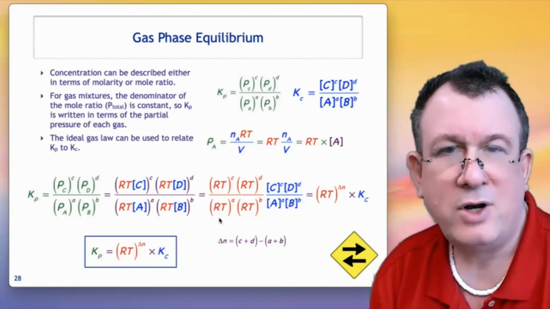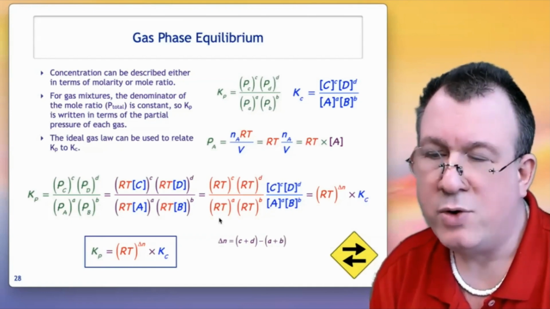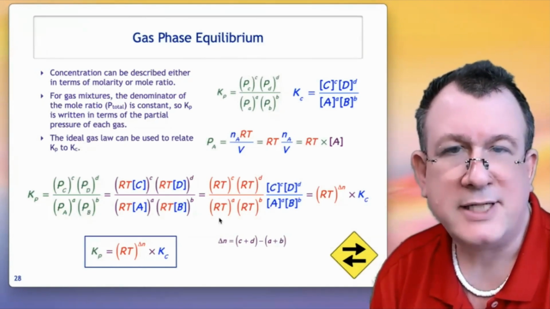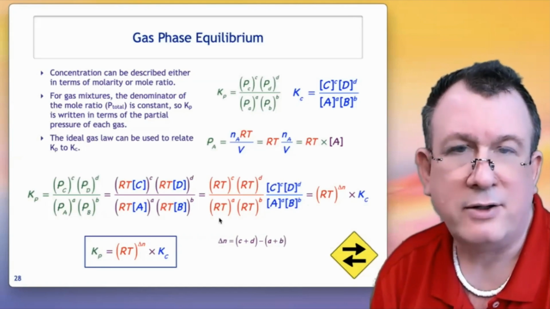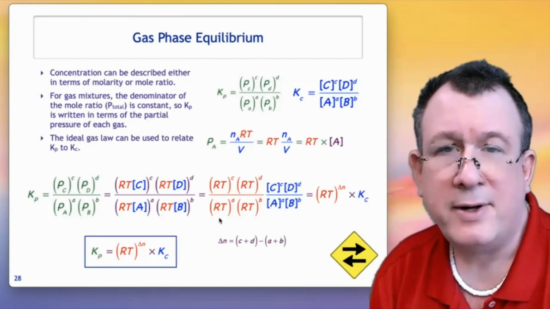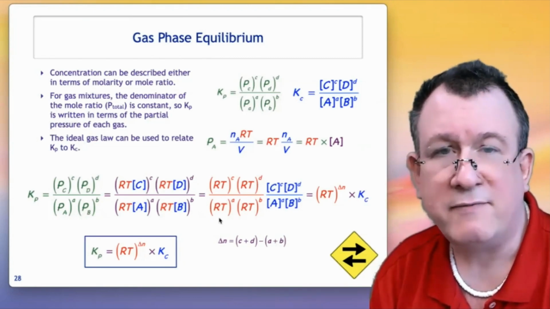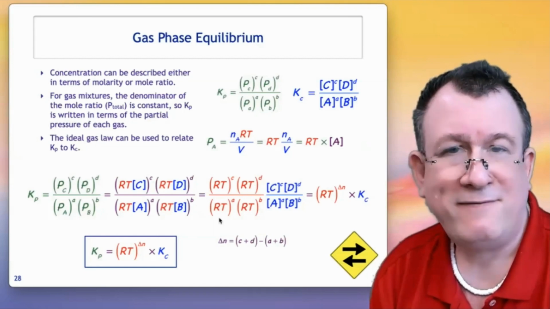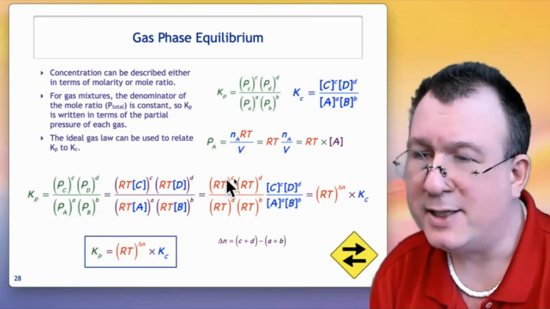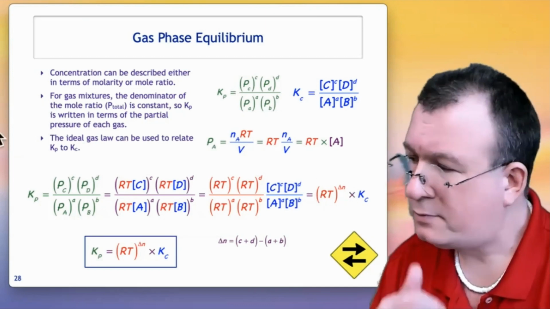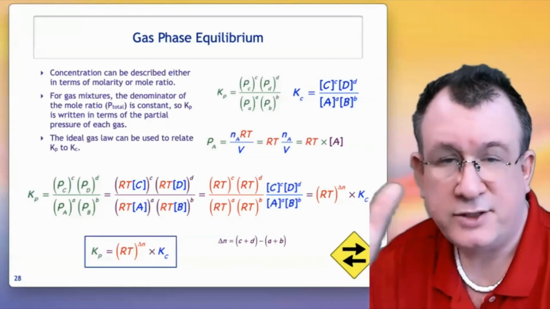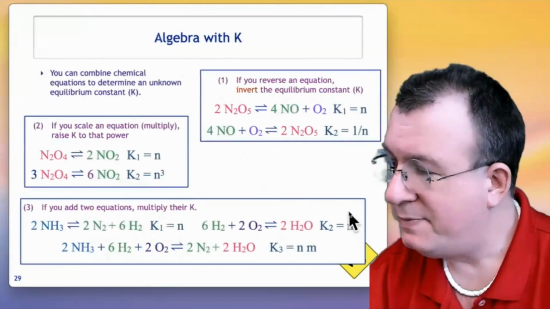If you remember to always start with solutions, you won't reverse Kp and Kc in this equation, and you won't make that common mistake of getting the wrong value for Kp, because they may give you Kp and ask you to calculate Kc. But if you remember that Kc always came first, write this expression, find what's unknown, solve for that, and only then plug in your numbers. So this is one trick: you can do equilibrium calculations in the gas phase using partial pressures, using Kp instead of Kc.